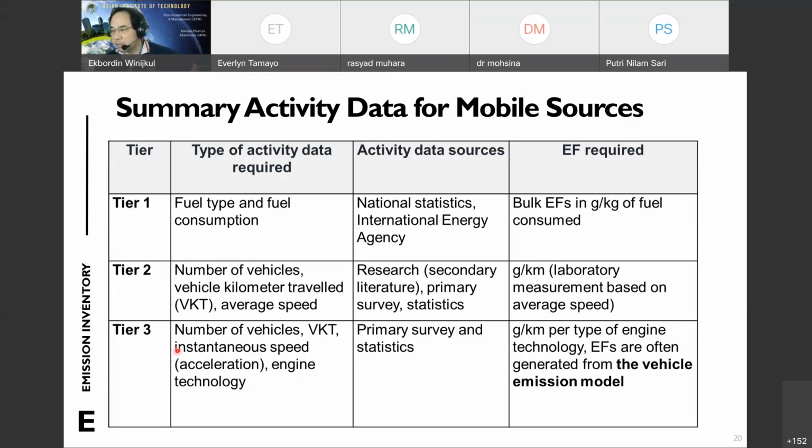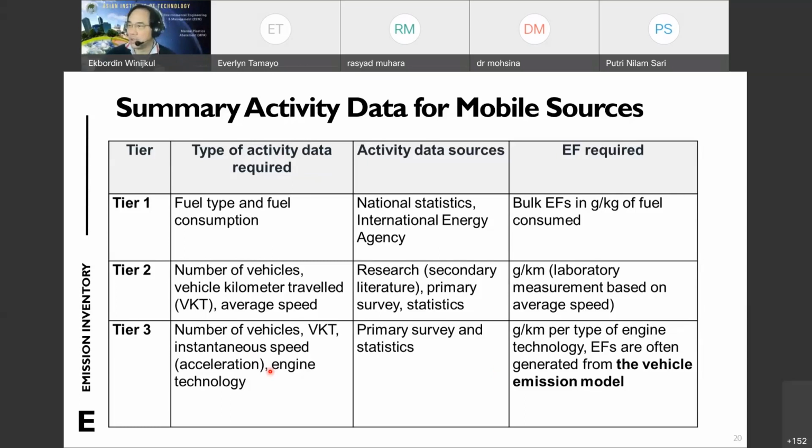For example, the emission related to different speeds of the vehicles. At lower speed, the emission is going to be higher, while when the vehicle travels at higher speed, the emission is going to be lower. And then the activity data needs to be more detailed also. How many vehicles are driving at this constant speed over some specific period of time, or something like that.